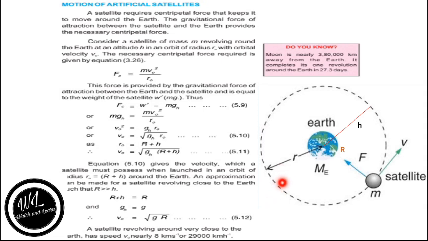As we know, the moon is a natural satellite. What is the height of the moon from the surface of the earth? The moon is nearly 380,000 kilometers away from the earth, and it completes one revolution, or one orbit, in approximately 27.3 days, which is approximately a month.